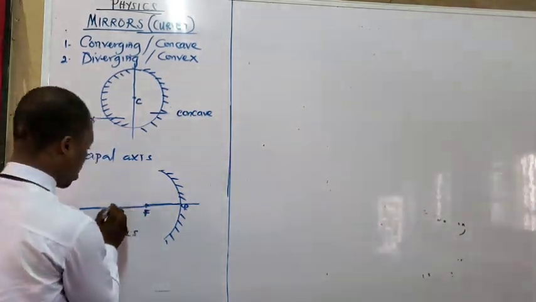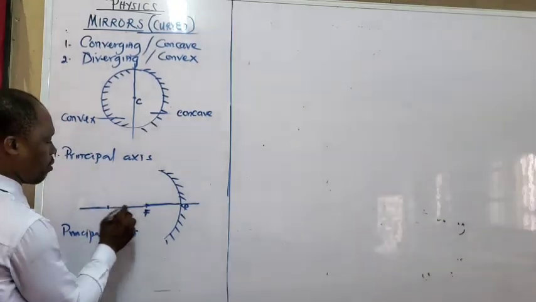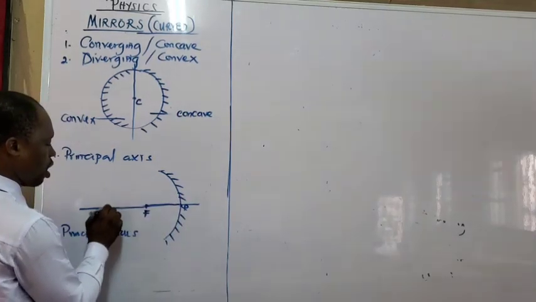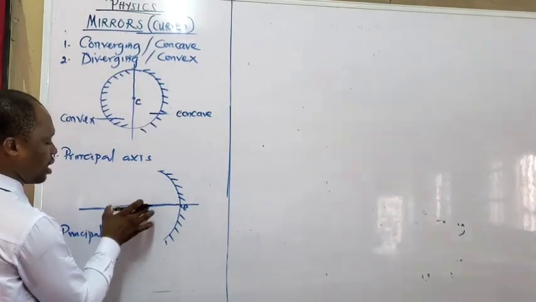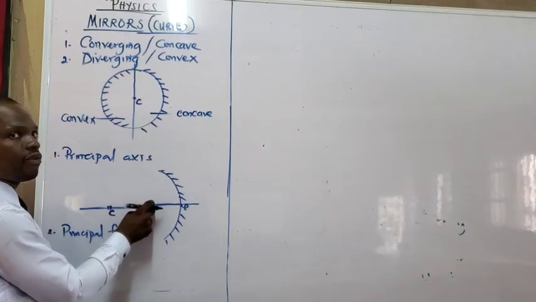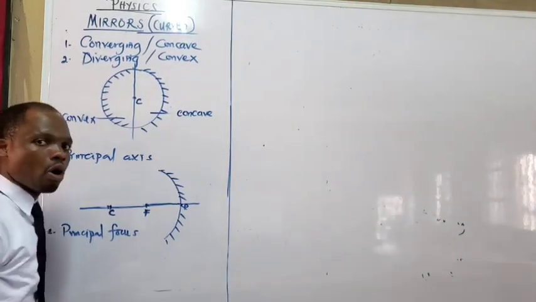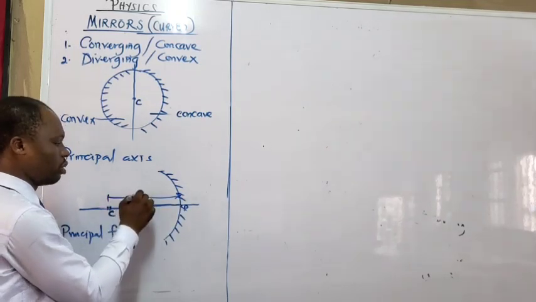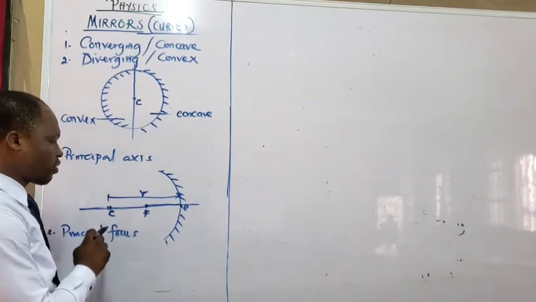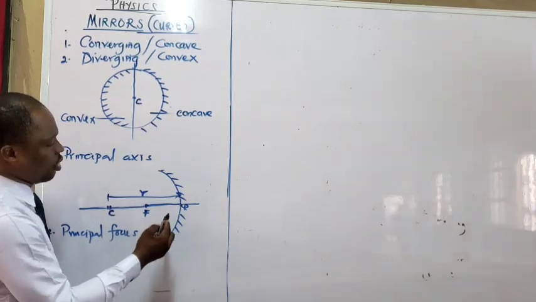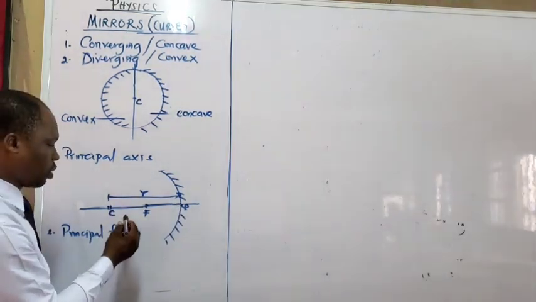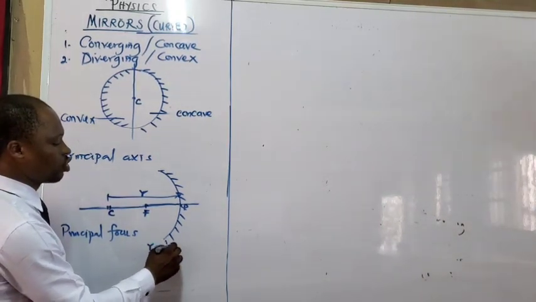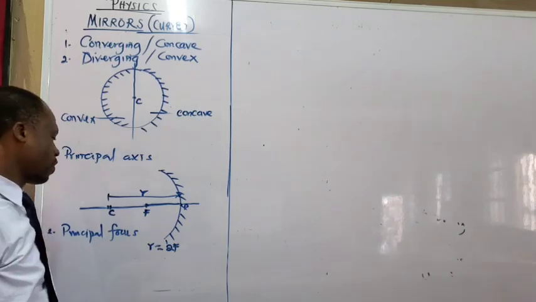The distance between the pole and the focus is the same as the distance between the focus and the center of curvature. This is what we call the radius of curvature, R. R, the radius of curvature, is the distance between the pole and the center of curvature. So we can say that our radius of curvature is 2 times the principal focus.